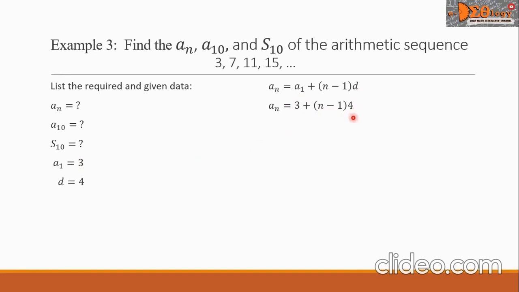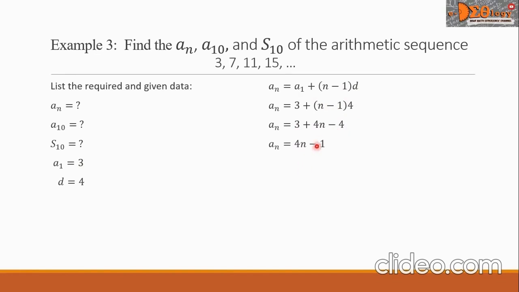Let us simplify further. This number 4 will be distributed to n and to negative 1. So 4 times n is 4n. 4 times negative 1 is negative 4. Then let us combine this positive 3 and negative 4.